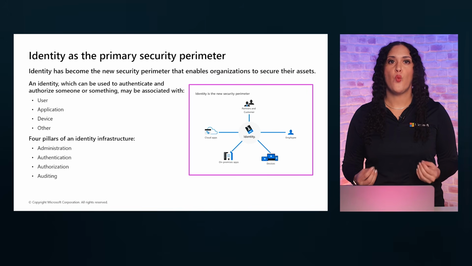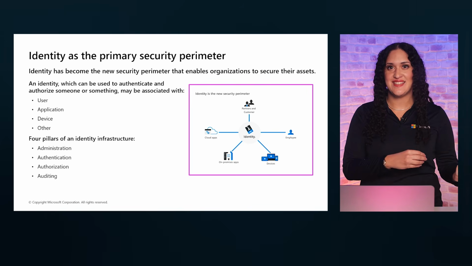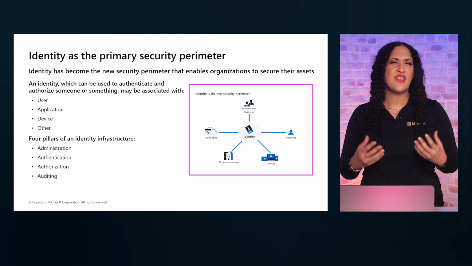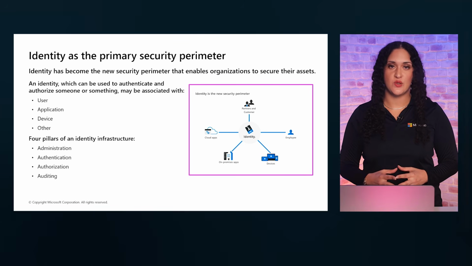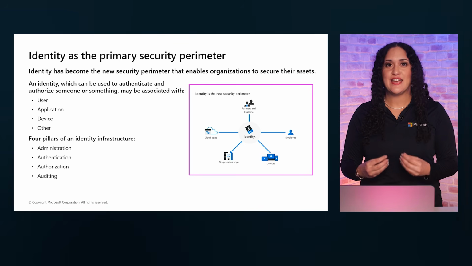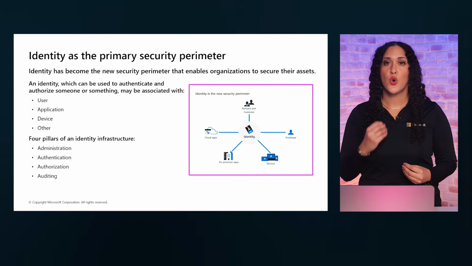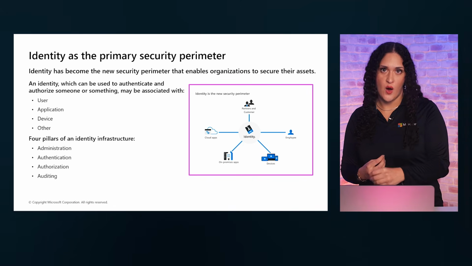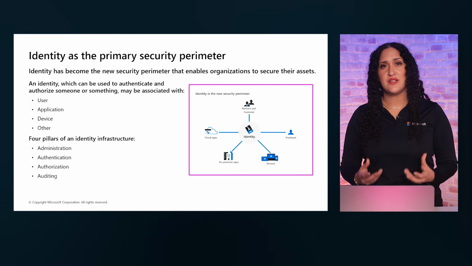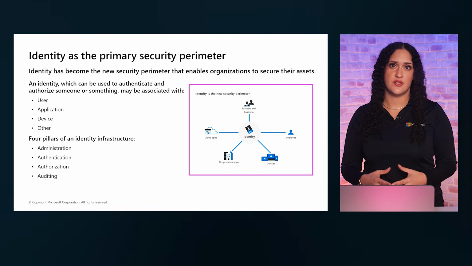Authorization determines what the authenticated entity is allowed to do, applying the least privileged access to protect resources. And finally, auditing tracks who accessed what, when, and how, providing us with visibility, alerts, and governance.